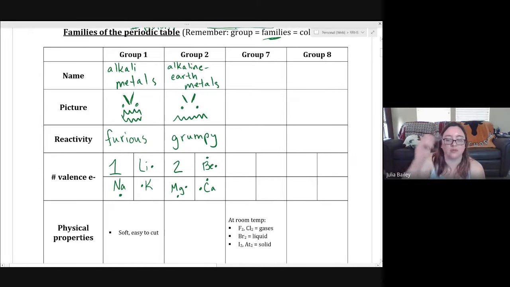It doesn't matter if you start on the top, the right, the bottom, or the left. You just pick a side of the element symbol, put a dot there, then move to the next side and put a dot there, and you have 2 solo dots that are 90 degrees from each other. That's what matters when you draw these Lewis structures.